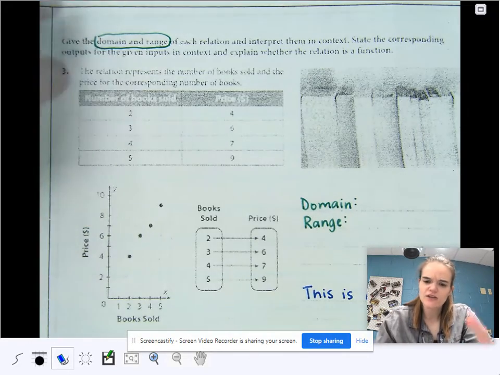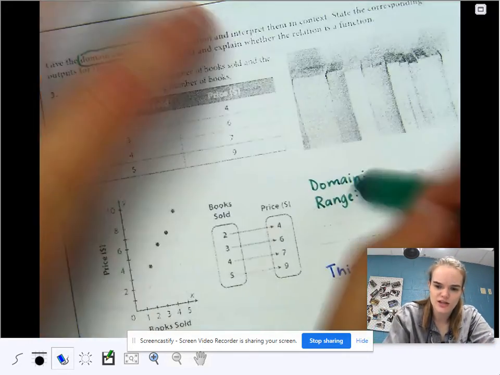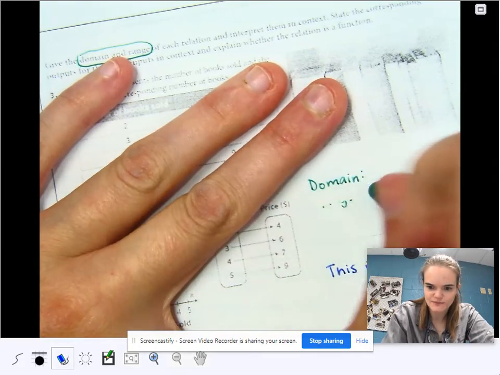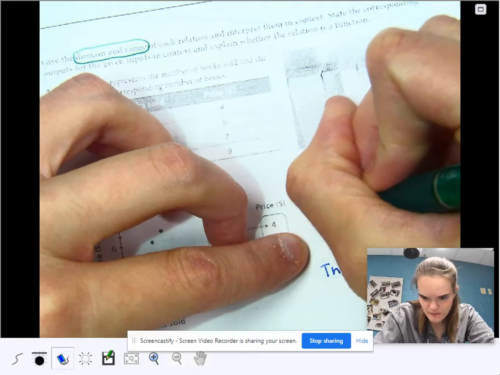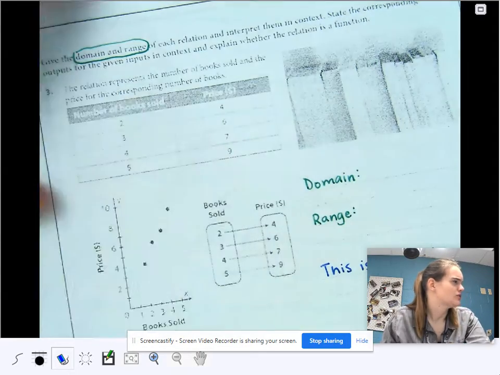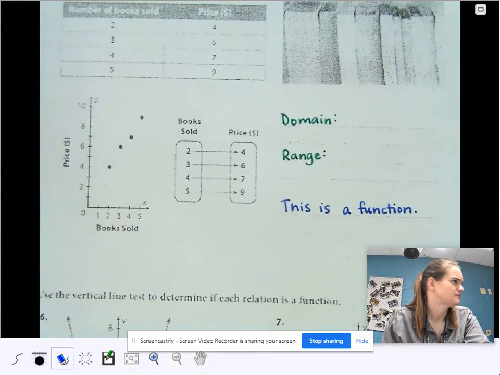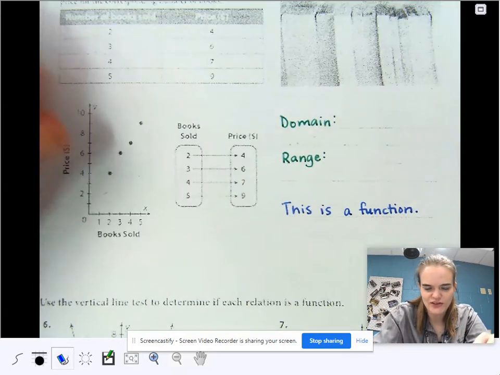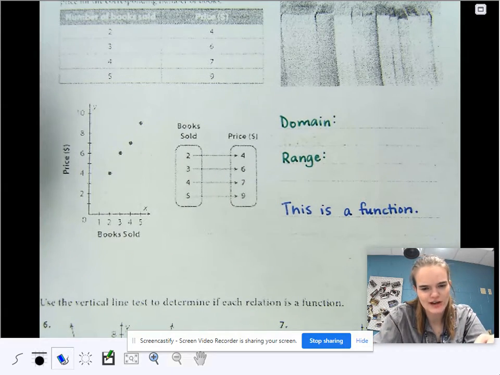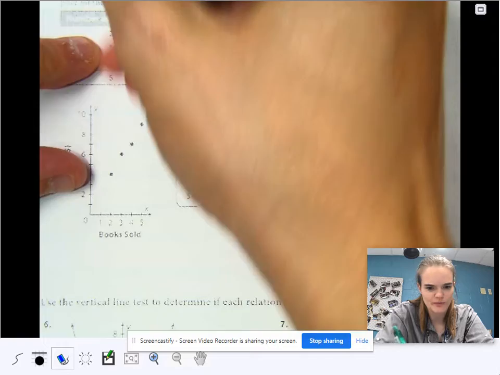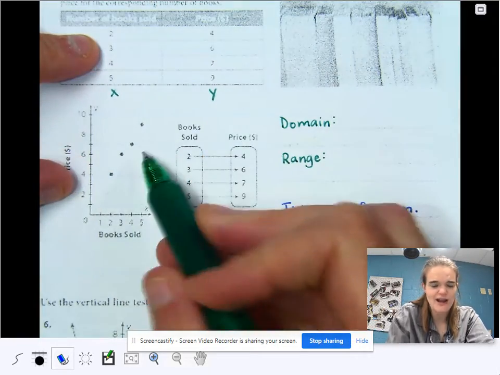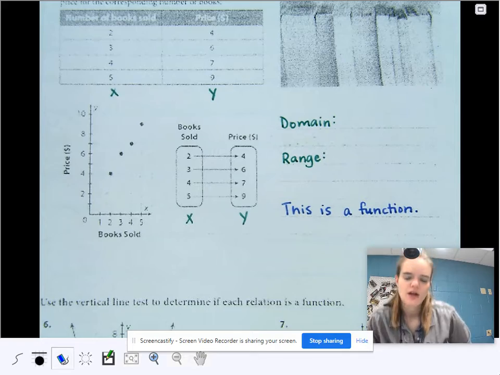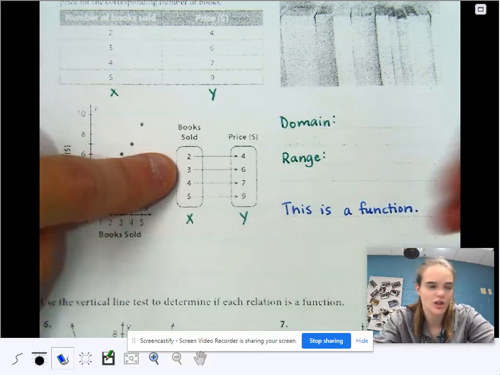All right. Yesterday, though, we talked about domain and range, and I'm actually going to skip a line. You're going to see why. I should have done that before. Okay, so domain and range. Domain is the x values. Range is the y values. I can take the x values from here, or from the graph because they're all the same, okay? I'm going to look at them from here just because it's closest to me.